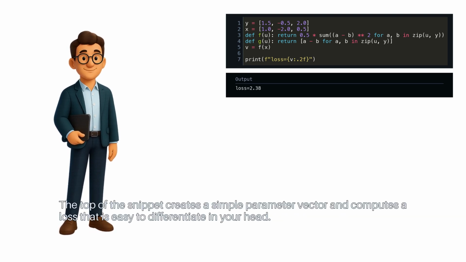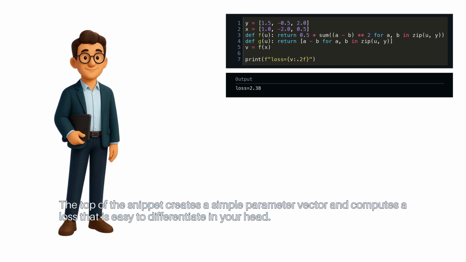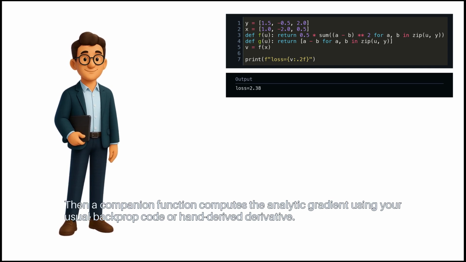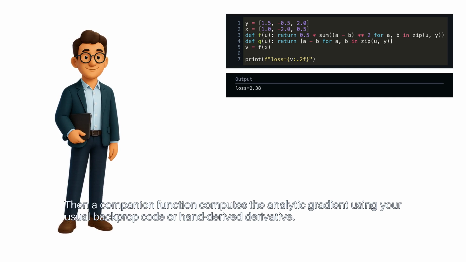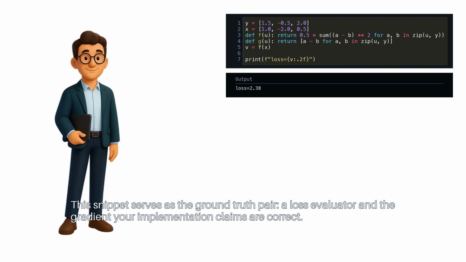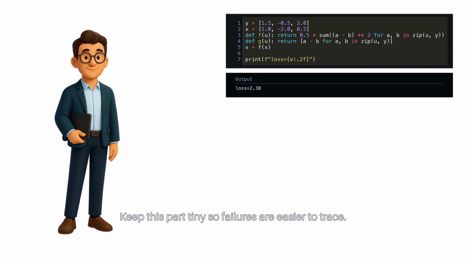The top of the snippet creates a simple parameter vector and computes a loss that is easy to differentiate in your head. Then, a companion function computes the analytic gradient using your usual backprop code or hand-derived derivative. This snippet serves as the ground truth pair: a loss evaluator, and the gradient your implementation claims is correct. Keep this part tiny, so failures are easier to trace.